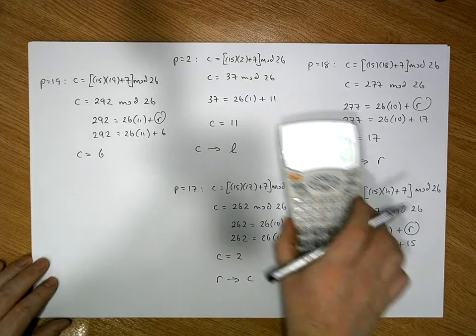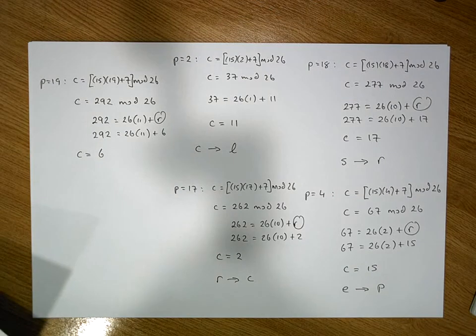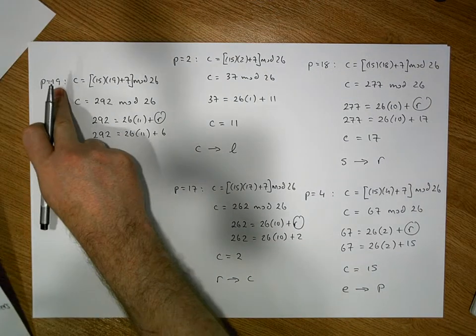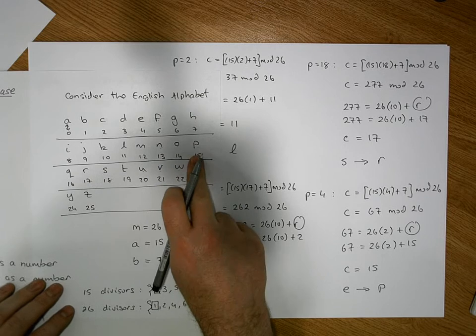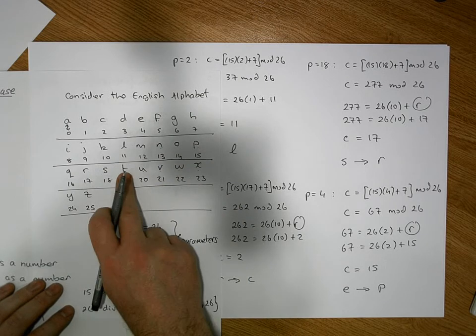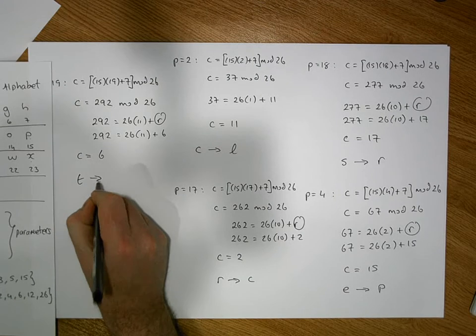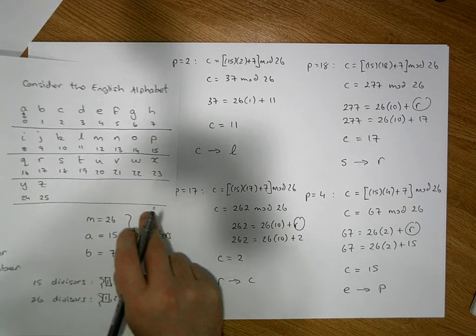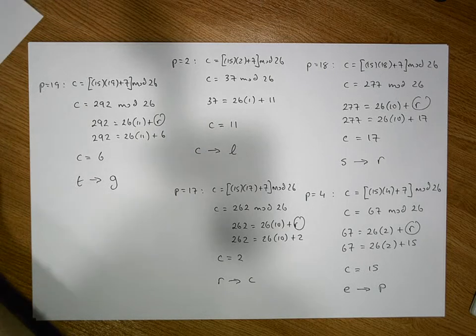So in this situation, we have the plain text character 19, which was a T, so T must be taken to the ciphertext character 6, and 6 is a G. Okay. So we're just done now.